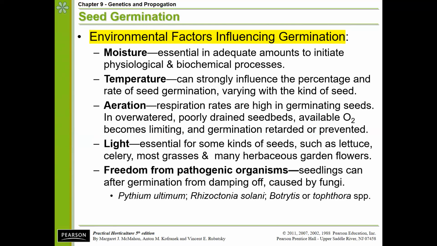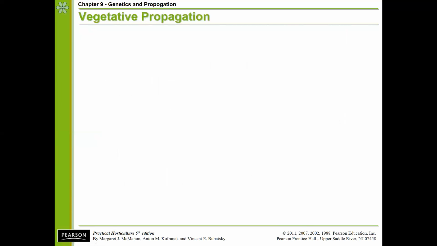Also, they need freedom from pathogenic organisms, especially damping off organisms, which are caused by these fungal and bacterial organisms like Pythium and Rhizoctonia. And finally, we need freedom from toxic amounts of salts. That's become an issue in areas where they have widespread irrigation and in arid areas. Accumulation of salts in the soil can prevent germination.